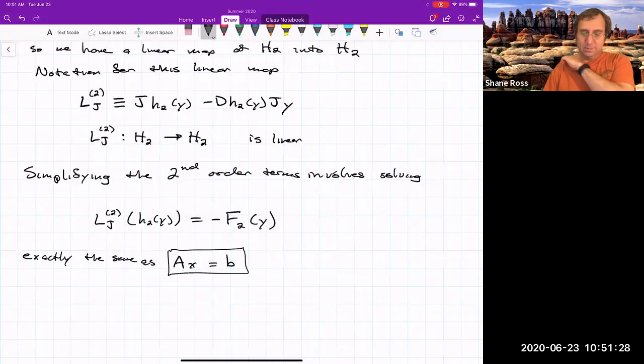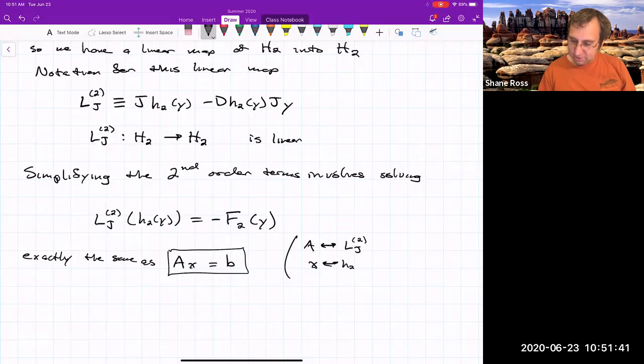Here A is just LJ₂, X is the same as H2Y, which you could write as components of a vector space, and B is the same as negative F2Y.